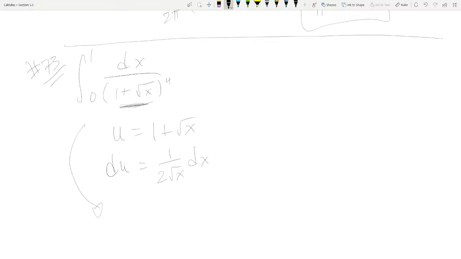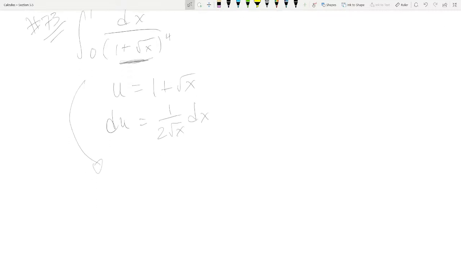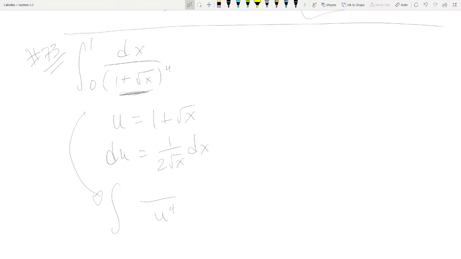And we're going to do a little substitution. On the denominator, I have u to the 4th. And then I still have to substitute for the dx. So look, dx is equal to 2 root x du, and that is not accepted.